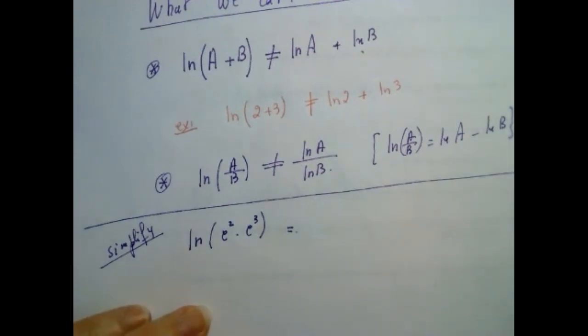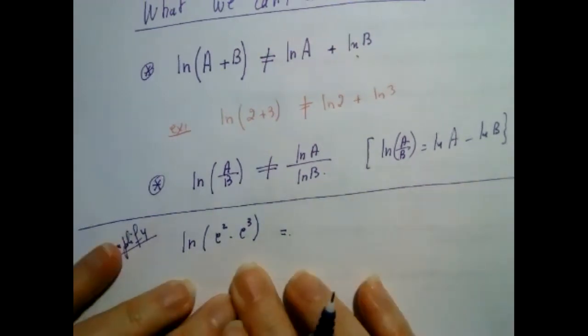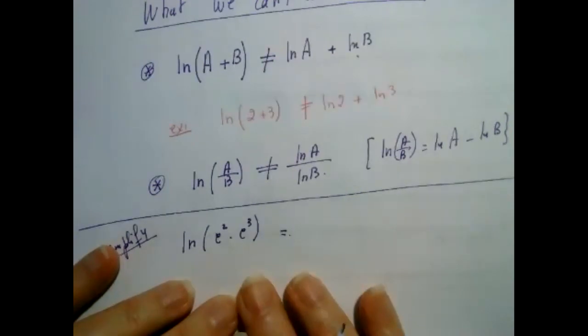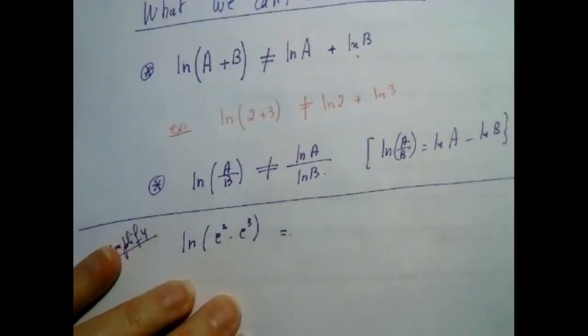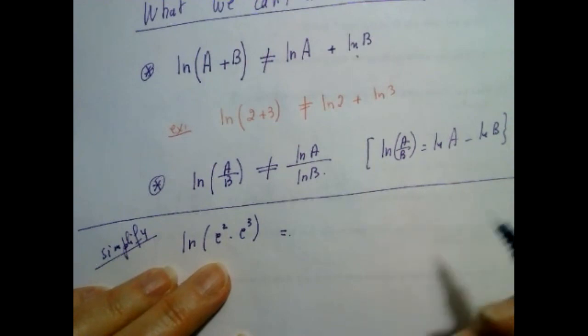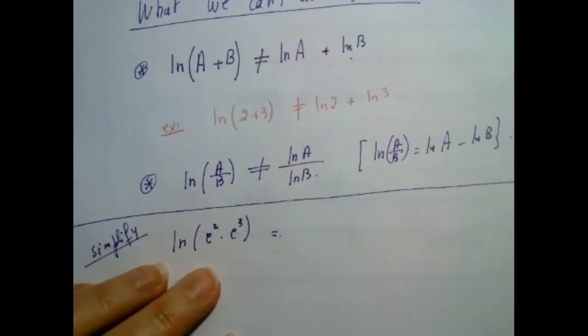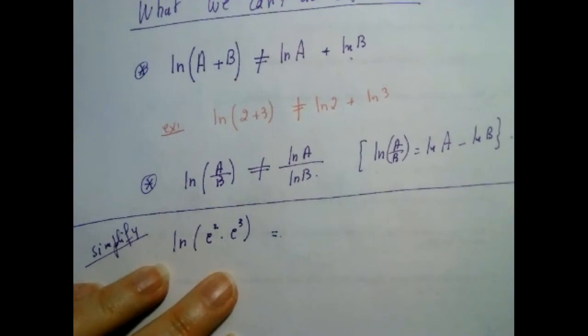Five, okay, Jessica, because. I want to accept an answer with a because. Can you talk, Jessica, or not? Yes, I can talk. Okay, please go ahead. It's because the ln is the same as the e, and the powers you add.